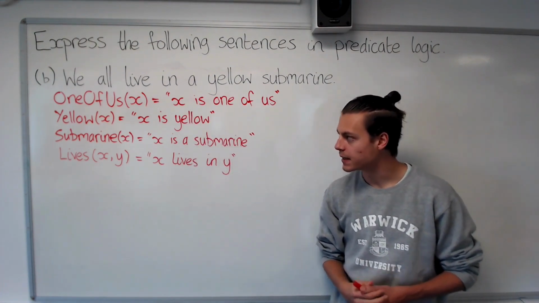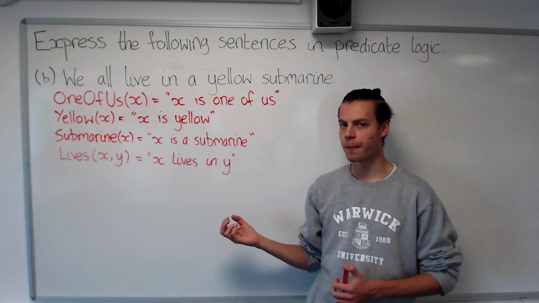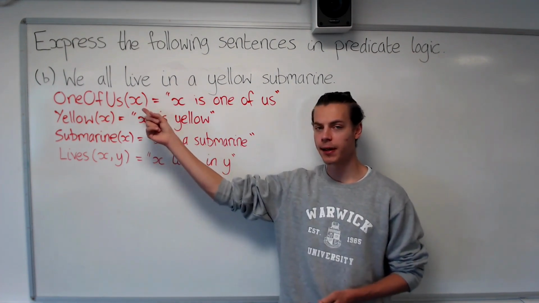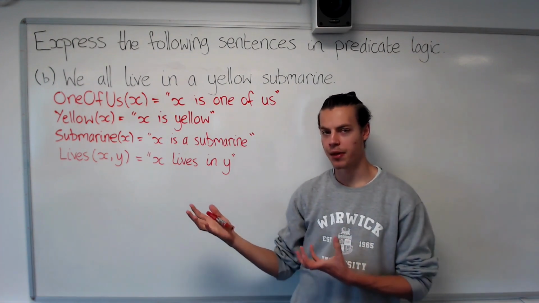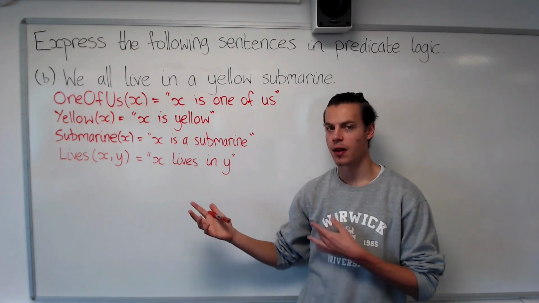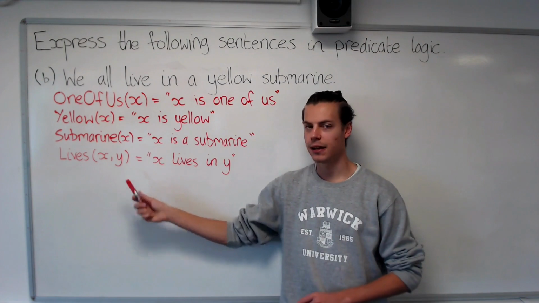So we could think of this as, for anything X, if this thing X is one of us, then there is some other thing, Y, that is yellow, that is a submarine, and such that X lives in Y.